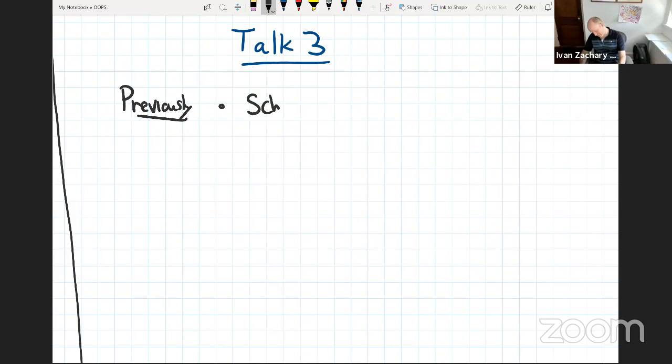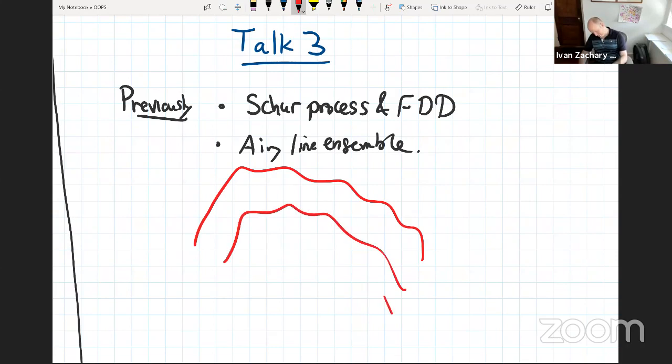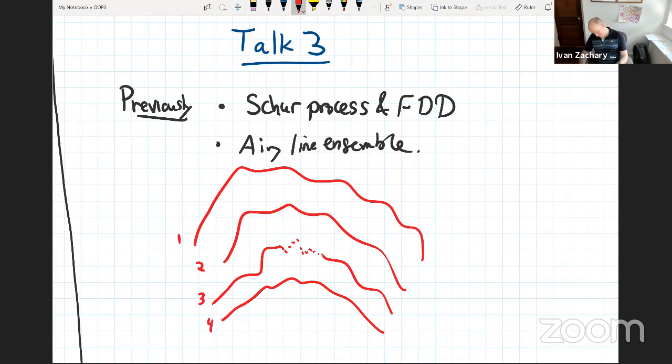Previously, we talked about Schur processes and got finite dimensional distribution convergence. And then we constructed the Airy line ensemble. The Airy line ensemble was this beautiful continuum object, I think it's beautiful, that has this nice invariance property: if I look at the law restricted to some region, you can think of the indices as one variable and the horizontal as another.